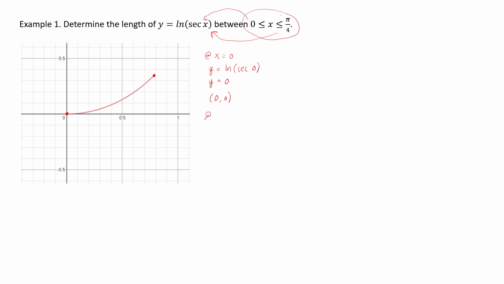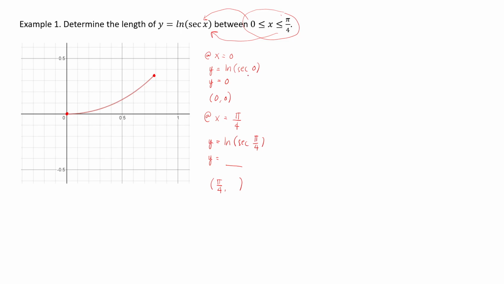Then the other point is at x equal to pi over 4, and you're going to have ln of secant pi over 4. Then y is equal to the corresponding value here. Then you're going to have pi over 4 and the y variable. So this is the kind of solution that we're looking for.